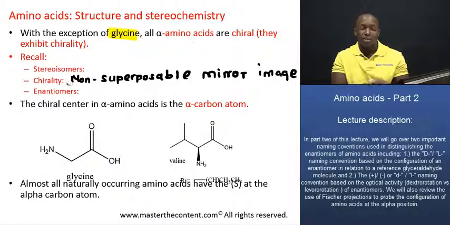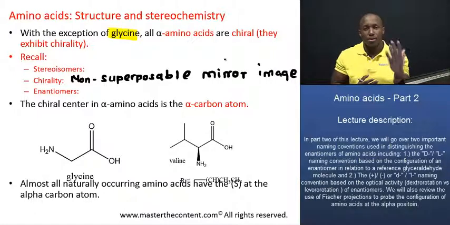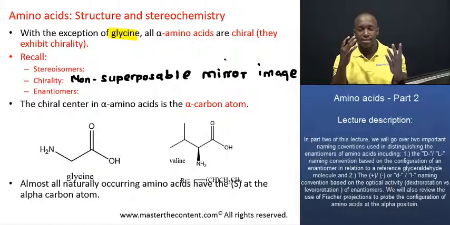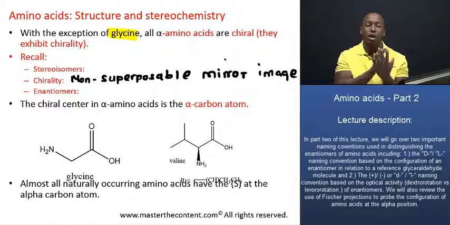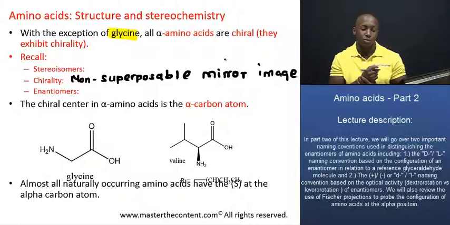So a chiral molecule is one that has a non-superposable mirror image. What we mean by that is that if you took that molecule and drew its exact mirror image, that mirror image would not be superimposable over the original molecule with which you started.